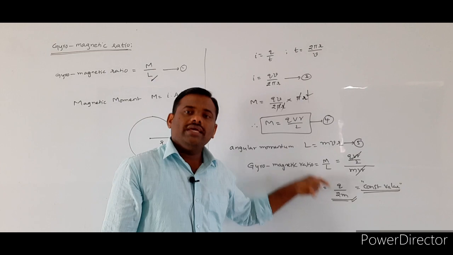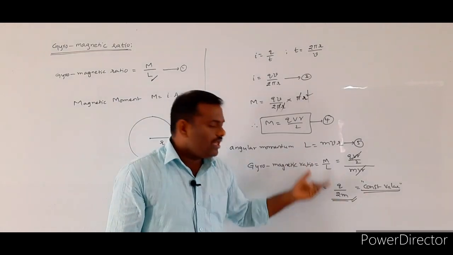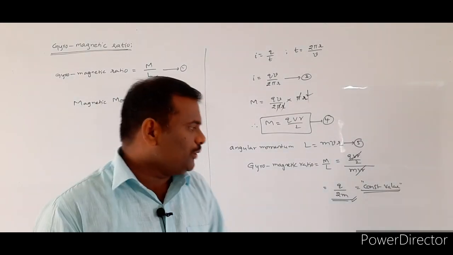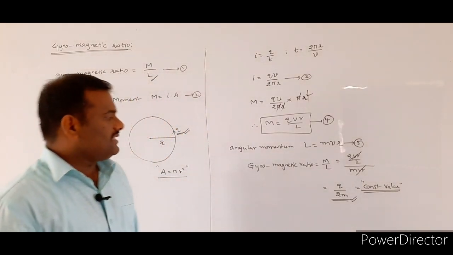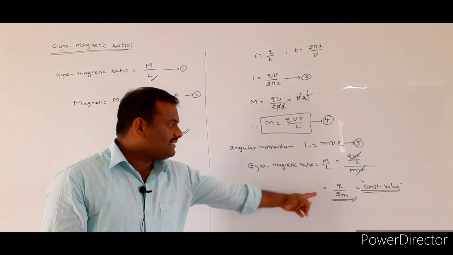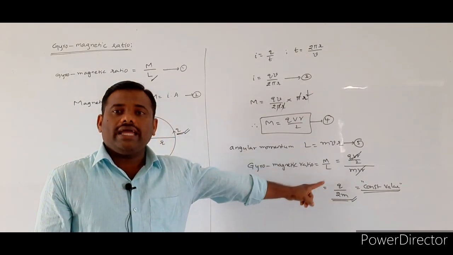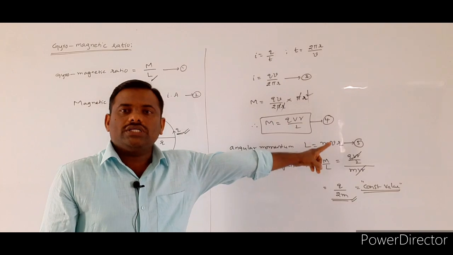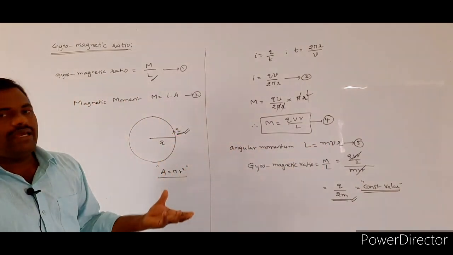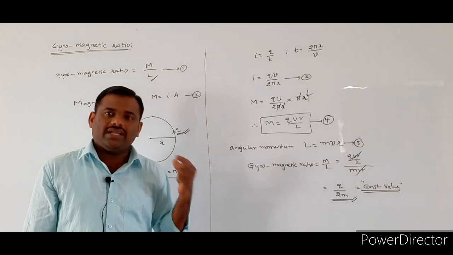Q by 2m. In this expression Q by 2m, Q representing the magnitude of the given charged particle, whereas small m is indicating what? The mass of the given charged particle. So this is the final expression for gyromagnetic ratio: Q by 2m.